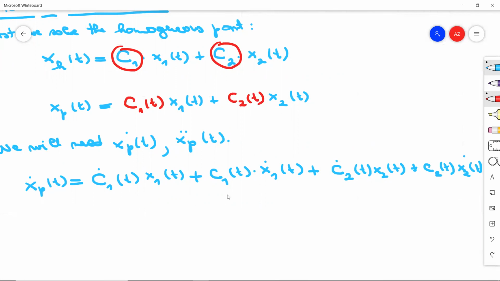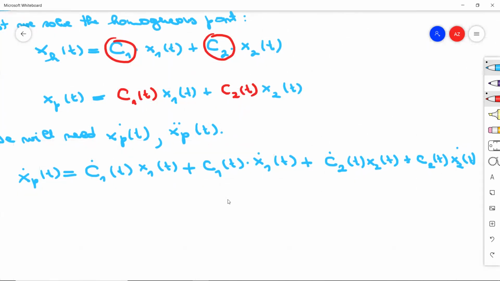If we repeat this procedure when computing the second derivative, how many terms will we obtain? 8. 8 in general. Some of them will be of the same form, so they will just sum up together, but there will be too many terms to determine explicitly what's the solution. So we will have a lot of freedom, and it will be difficult to know what to do.